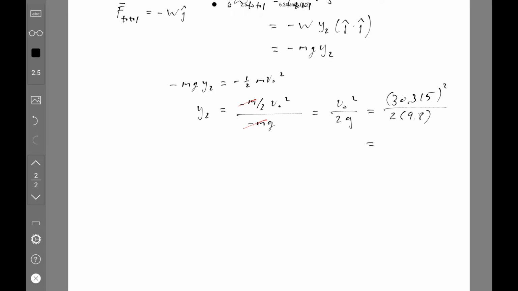That's 46.88775. So y2, the maximum height, with the proper sig figs, is 46.9 meters.